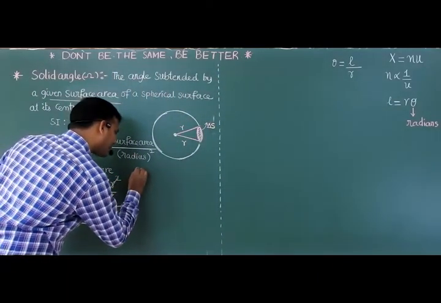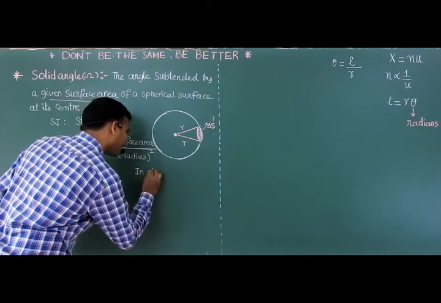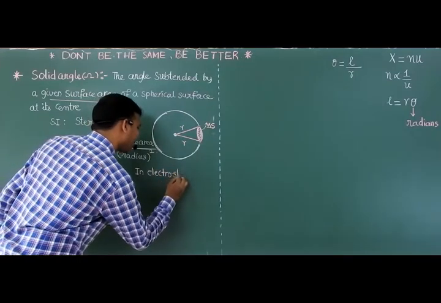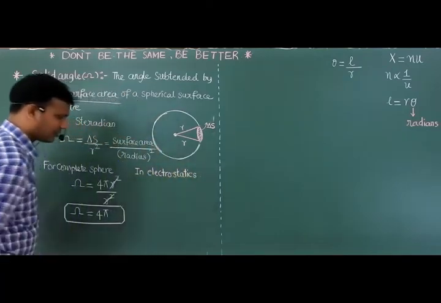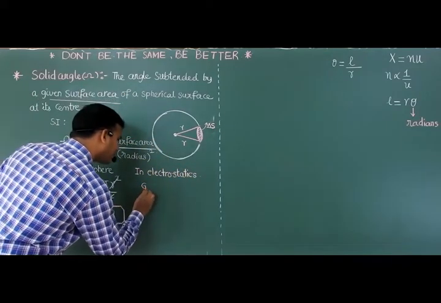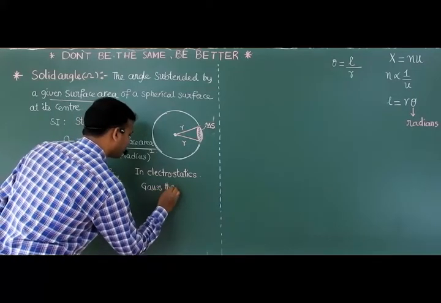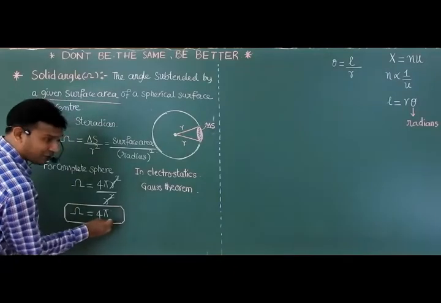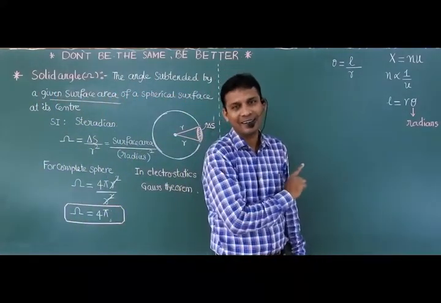In electrostatics, second year PUC, the concept is Gauss theorem, where we are using this formula. Means in second year, we have to wait for one year.